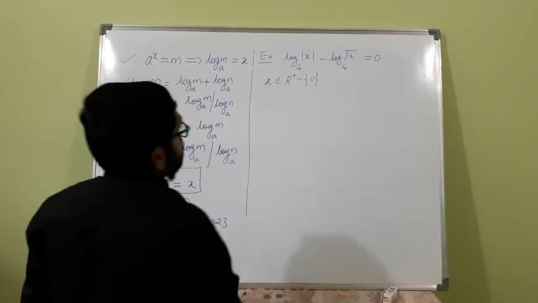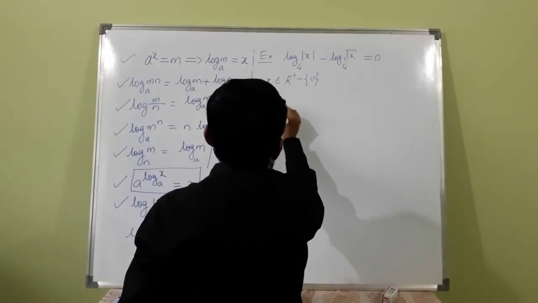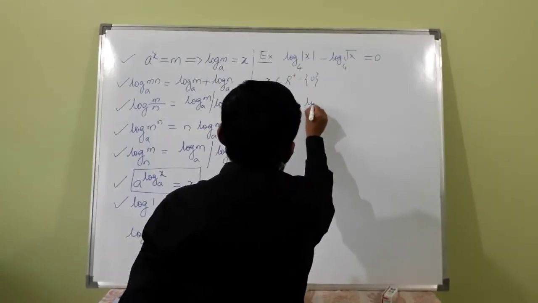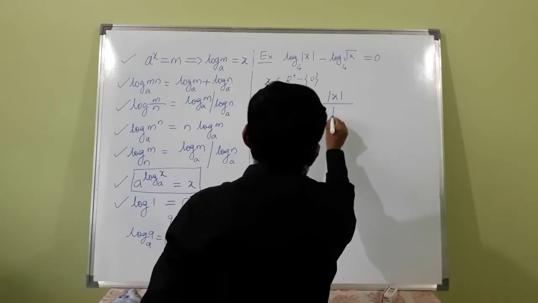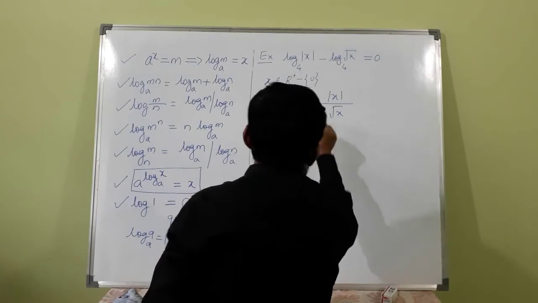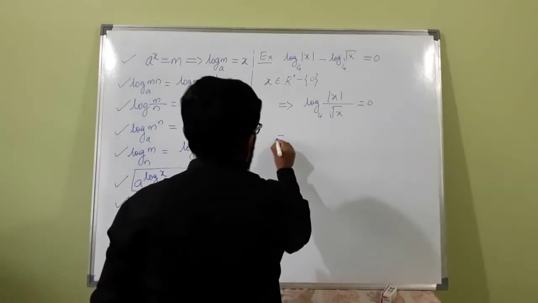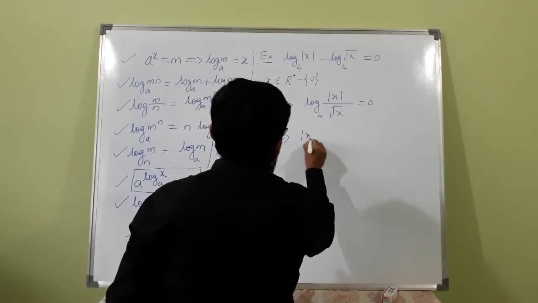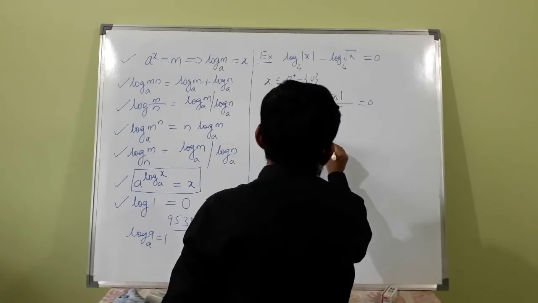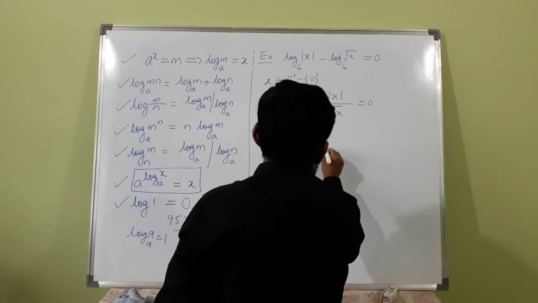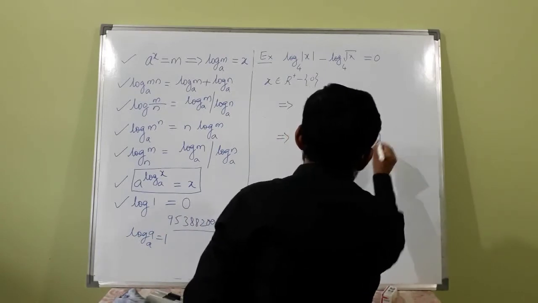Now let us find the given equation. This implies log of modulus of x divided by root x to the base 4 is equal to 0. This implies modulus of x divided by root x is equal to 4 to the power 0, or this is 1.